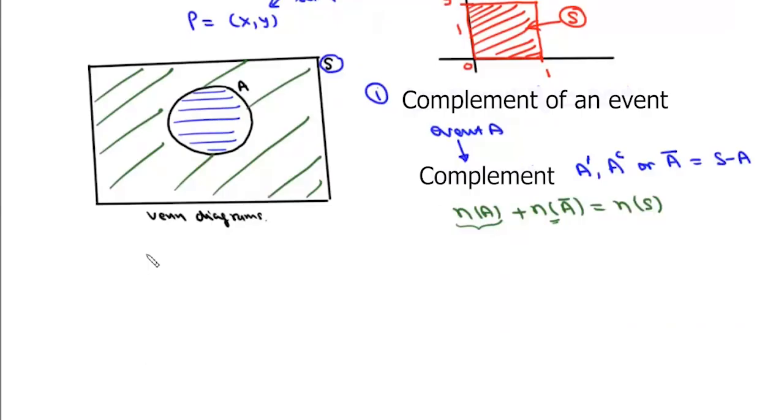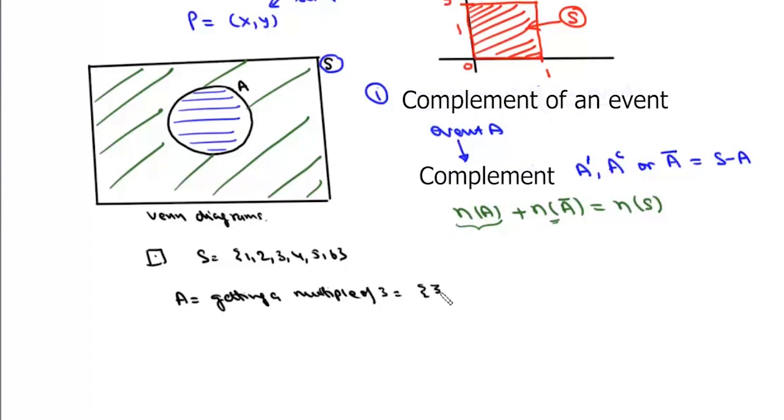Suppose we have rolled a die, sample space 1, 2, 3, 4, 5 and 6, and suppose we define this event A as getting a multiple of 3. So in this set A, we'll have 2 elements, 3 and 6.